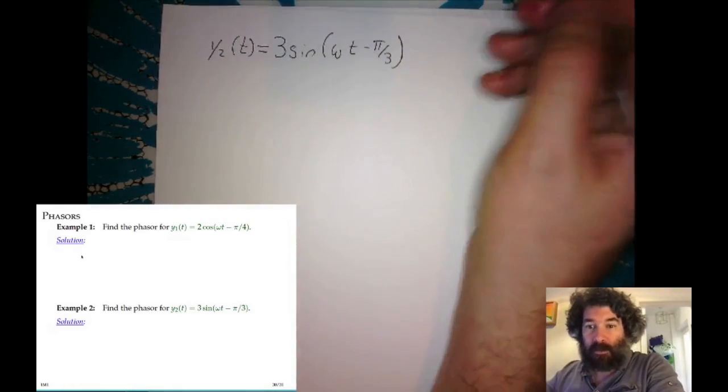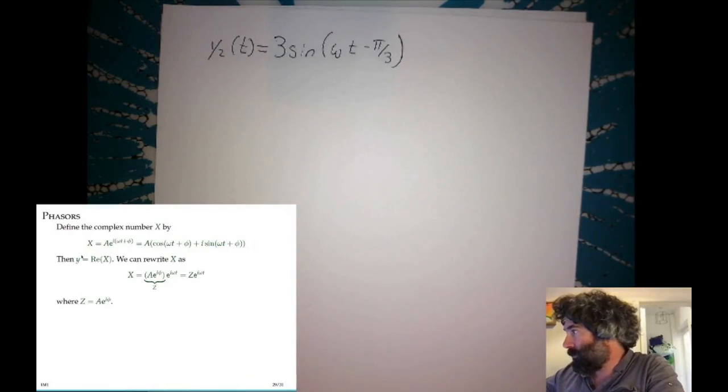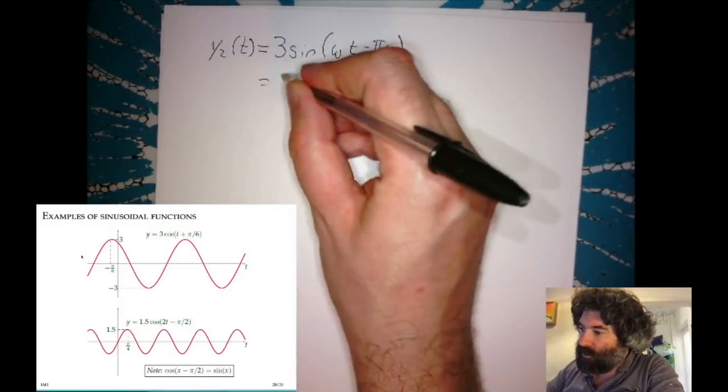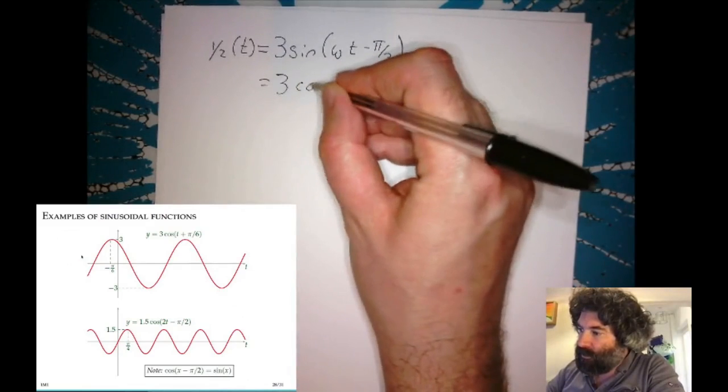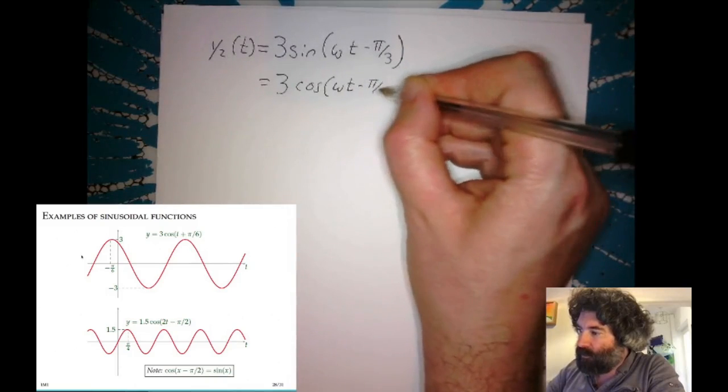And we can do that by using the fact that cosine and sine are translations of each other by pi over 2, as shown on the bottom of this slide. So this is equal to 3 cosine of omega t minus pi over 3.